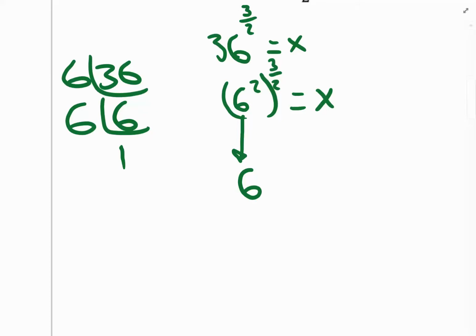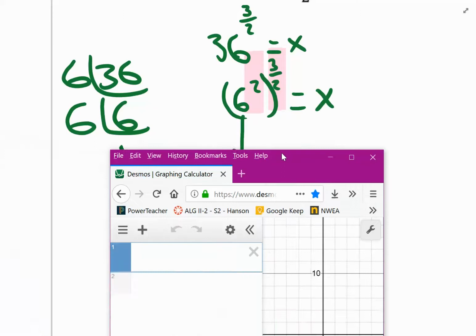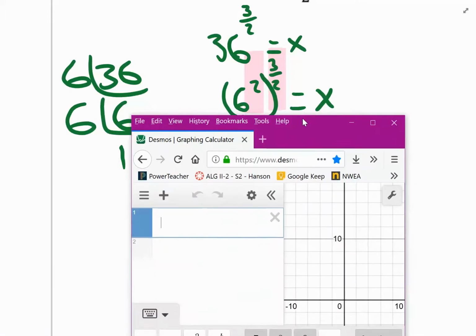What is 2 times 3 over 2? So you want to put that in your calculator. We'll go to Desmos right now, unless you have your own calculator that you like better. 2 times 3 over 2.